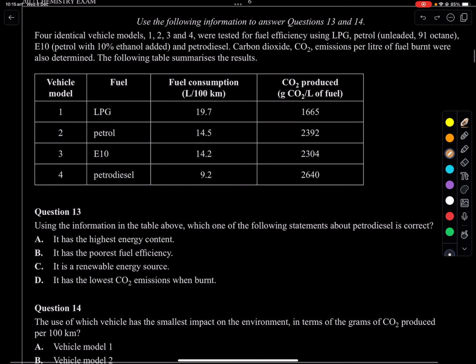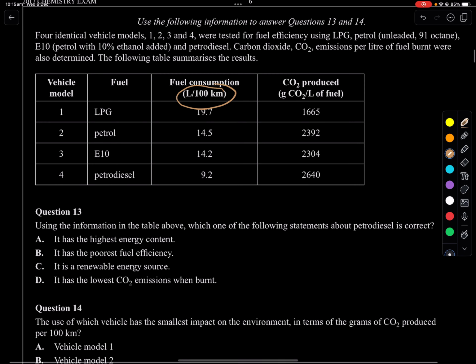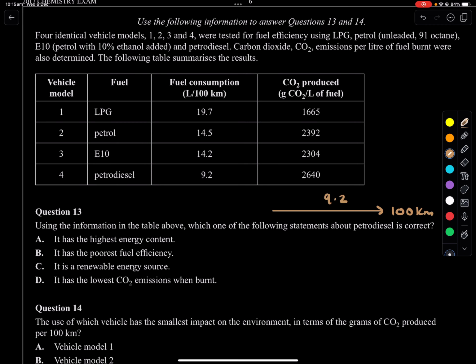The lowest is petrodiesel. So car 4, when it travels 100 kilometers, only takes 9.2 liters. So it's very efficient, and it also has the highest energy content.